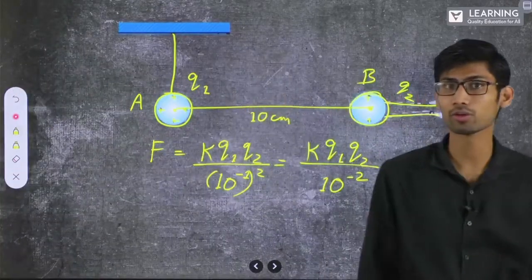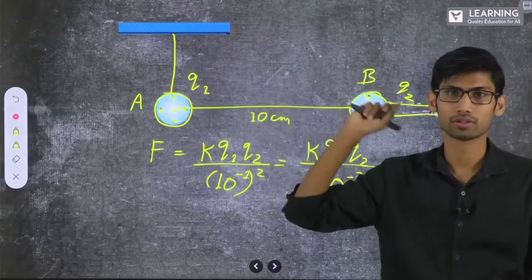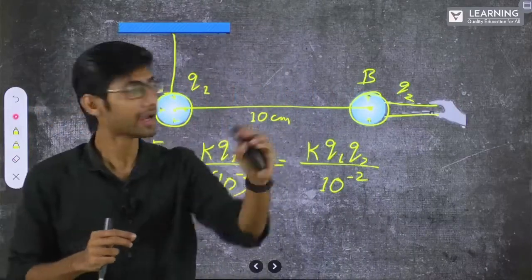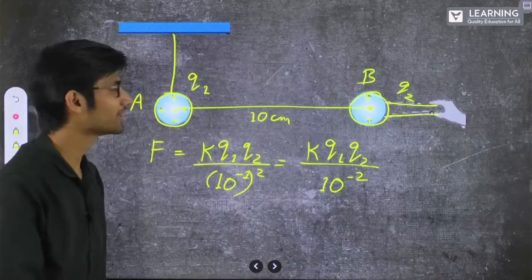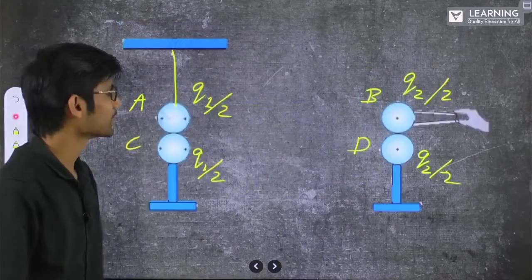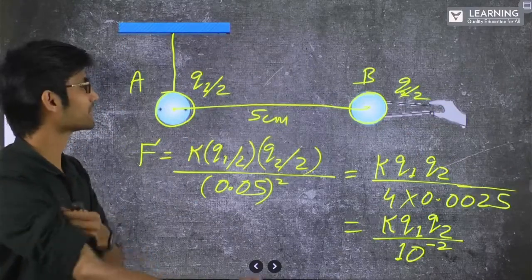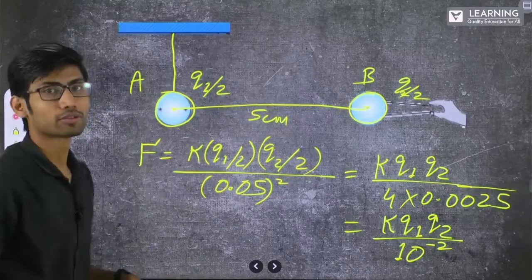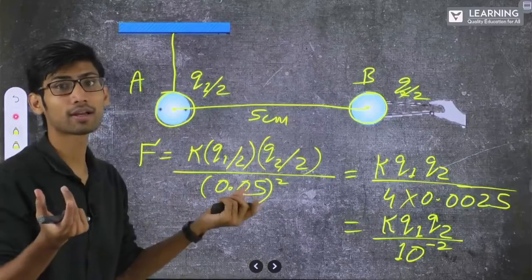From here we got to know, when the charges on both the point charges are halved and the distance is also halved, the force remains the same. Clear? I hope you understood this question. Again, it was interesting, and one concept also we got to know, the distribution of charge, how the charge flows from one body to other if the sizes are same.